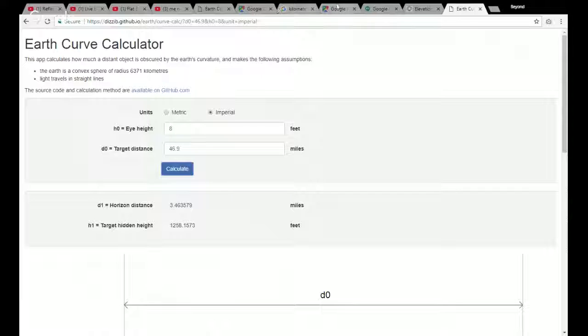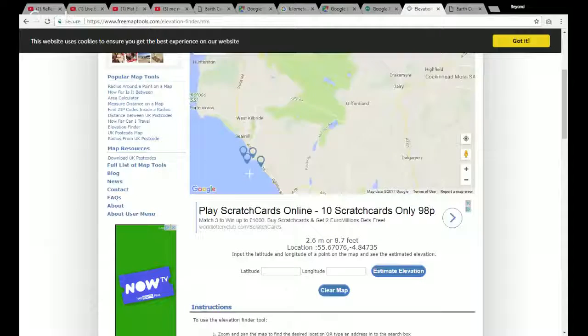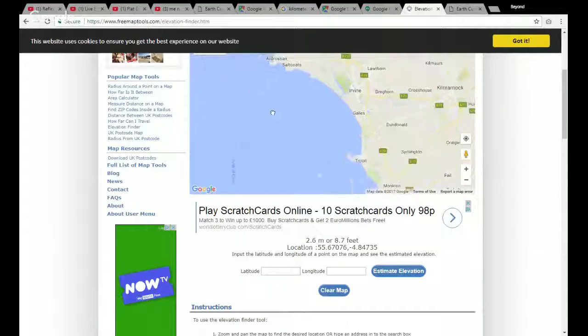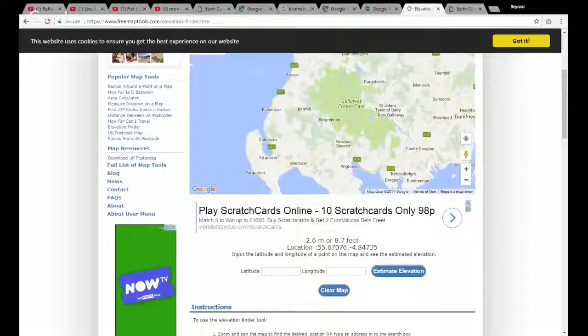Right. So again, I'm going to go back to the elevation finder. And I'm going to come across to the landmass here, and I'm just going to randomly dot it.